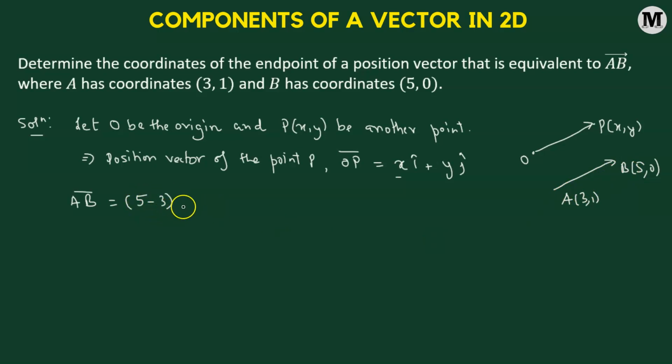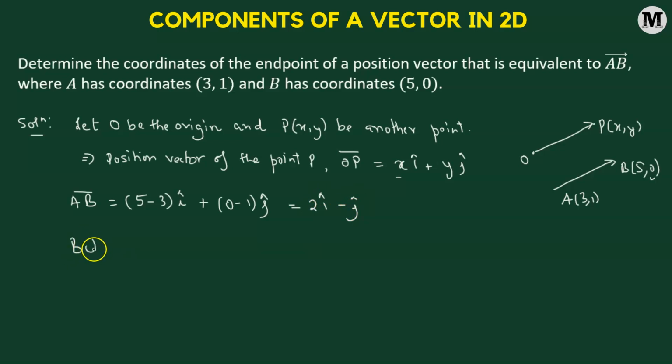This is the difference of the x coordinate. Multiply it with i cap, indicating that this component of x is along the i cap direction, or in the x direction. Simply add it to the difference of the y coordinate. So here we have to take 0 minus 1 times j cap. So simplifying this, the AB vector comes out to be 2 times i cap minus j cap.